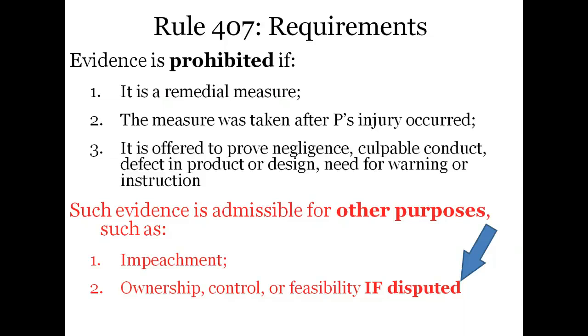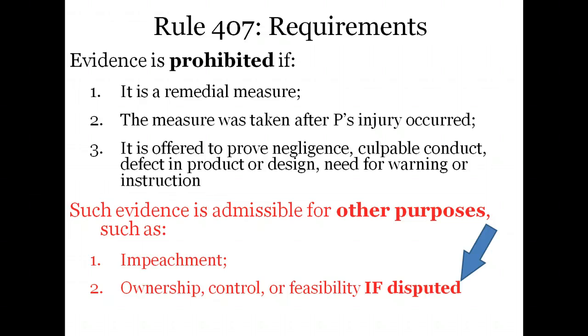In class, we will be talking further and using hypotheticals to look more closely at what it means to impeach and what kind of analysis you need to do when it's offered for another purpose. But be sure to remember that this is subject to Rule 403.